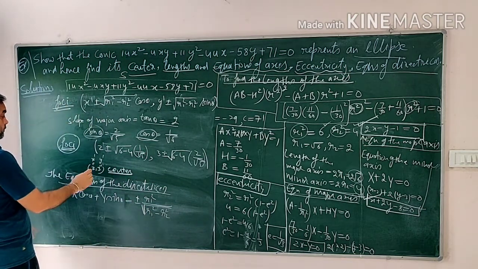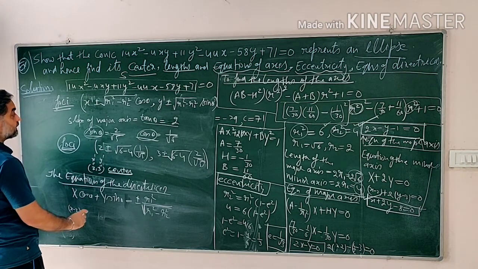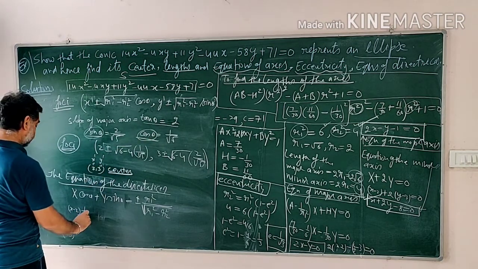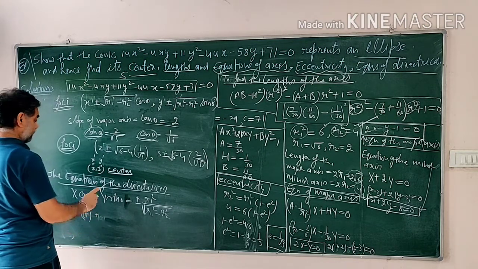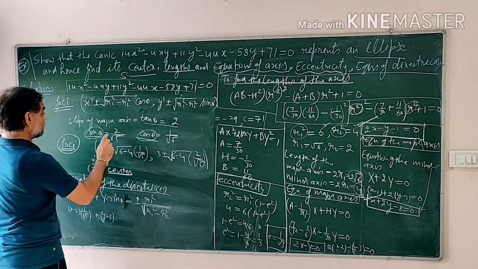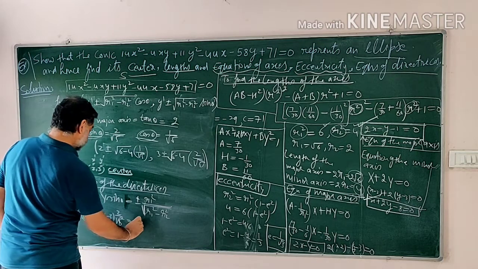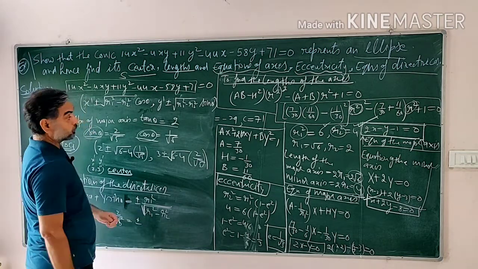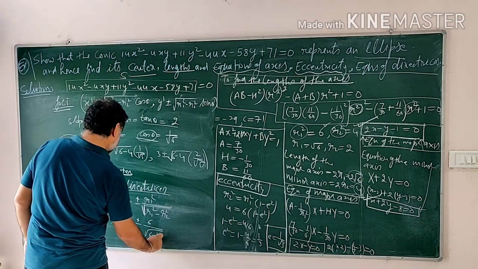So capital X is equal to x minus 2 cos theta, the value of cos theta is 1 over root 5, and plus y is equal to y minus 3 and sin theta is equal to 2 over root 5, is equal to plus minus r1 square, which is 6, over under root 6 minus 4.